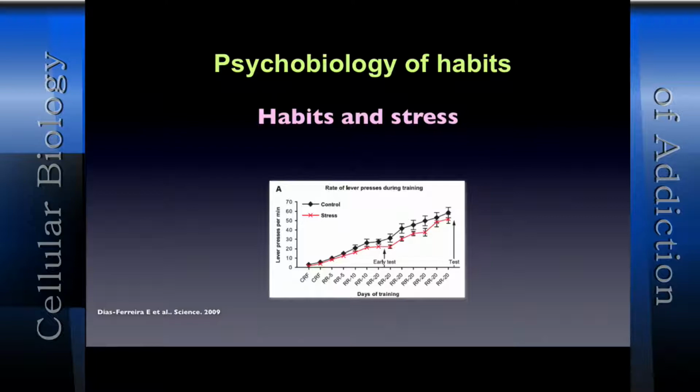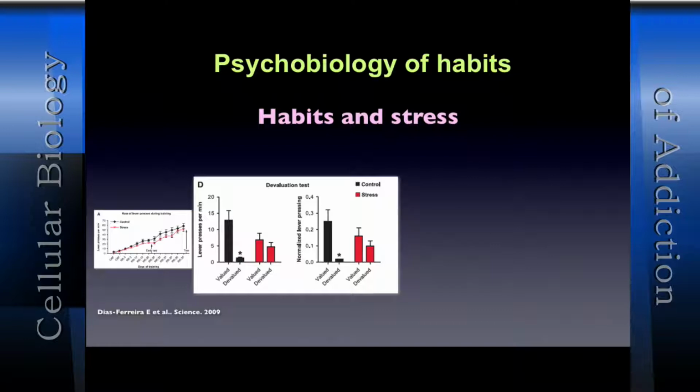The authors here have tested under extinction the sensitivity to the devaluation of the outcome, either early or later on in training. And what they've shown is that in the non-stressed animal, the devaluation of the outcome resulted in a complete abolishment of instrumental responding under extinction. That wasn't necessarily the case in stressed animals. And this actually happened in both early and late stages.